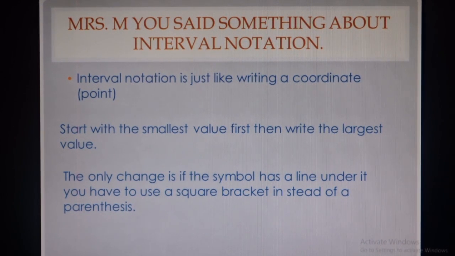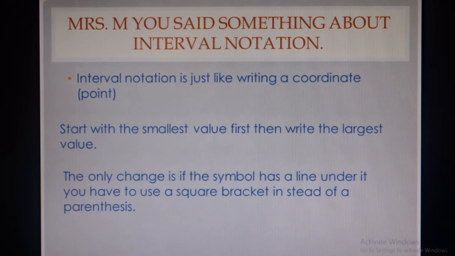Miss M, you said something about interval notation. Yes, we're going to write interval notation. Interval notation sometimes looks like a point if you use open parentheses. You're going to start with the smallest value, and then you're going to write the largest value. The only thing that's going to change is the brackets or parentheses that you use.